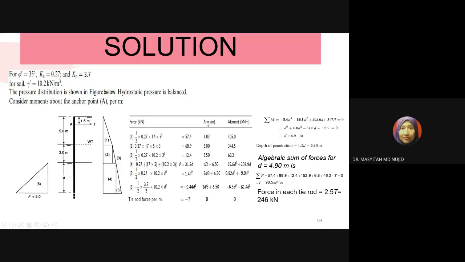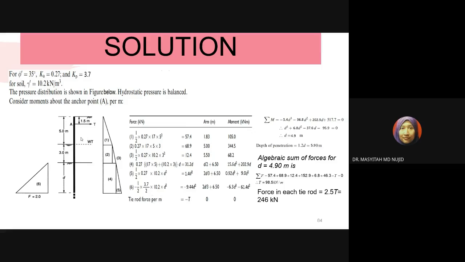Similarly, the arm or moment distance, taking for example here figure number 1, 1.83. How do we get 1.83?